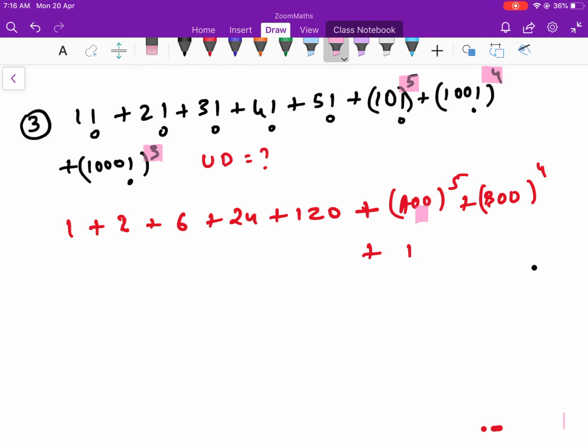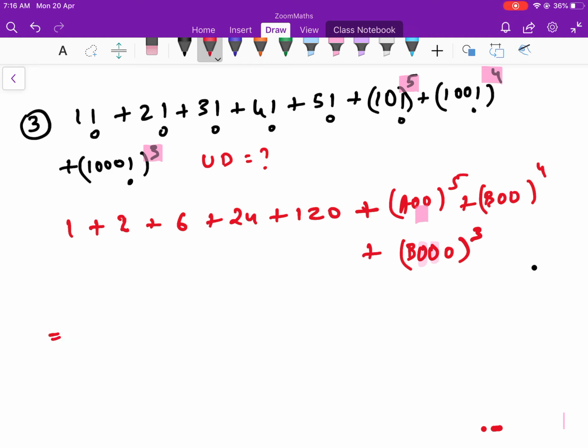We'll learn about that in the factorial videos separately. And 1000 factorial whole cube, at least you'll have like 6 zeros, so now it will be like 9 zeros, right? So all zeros are just coming up.